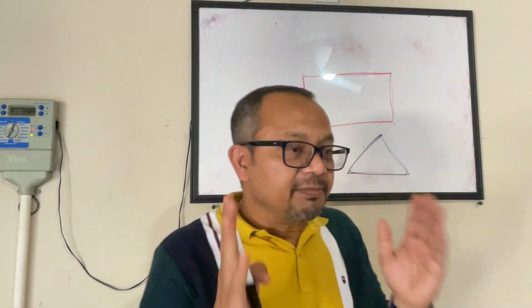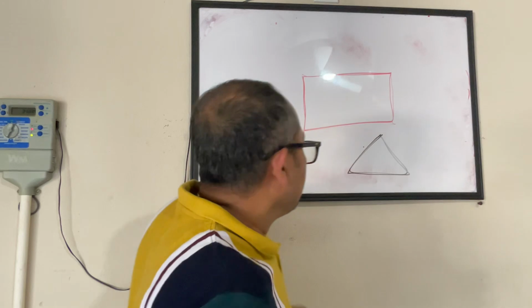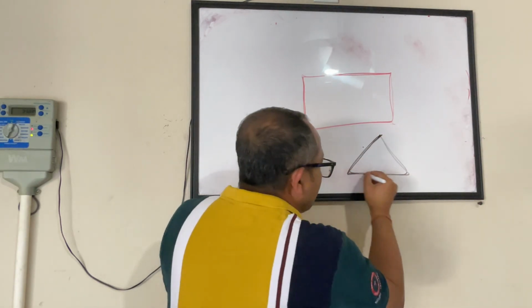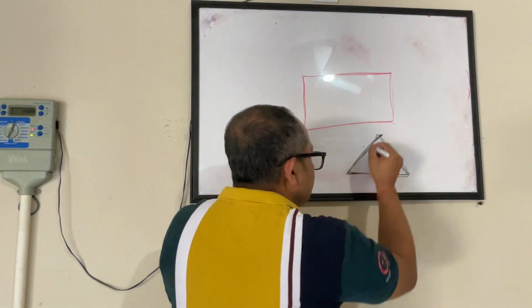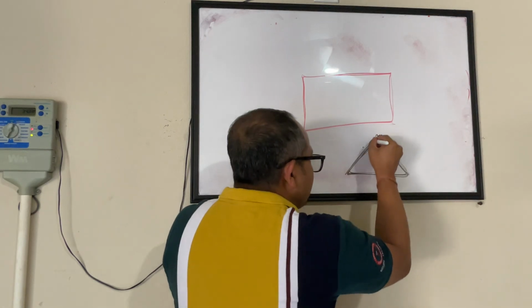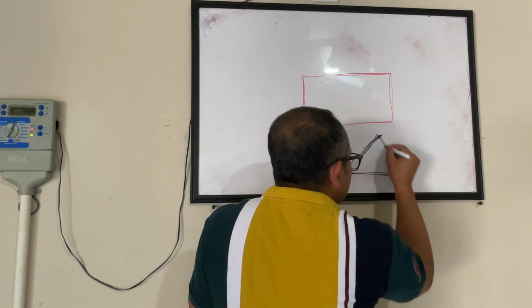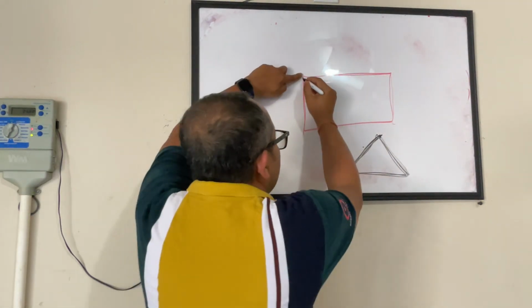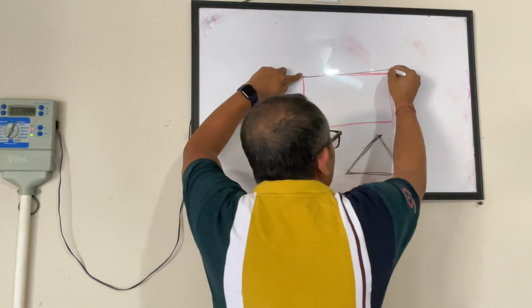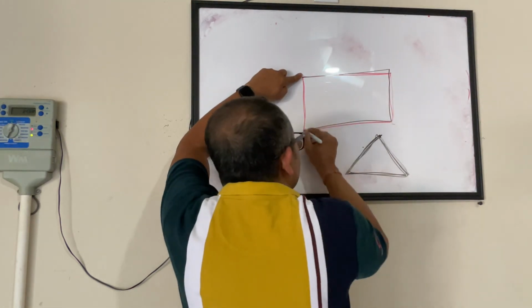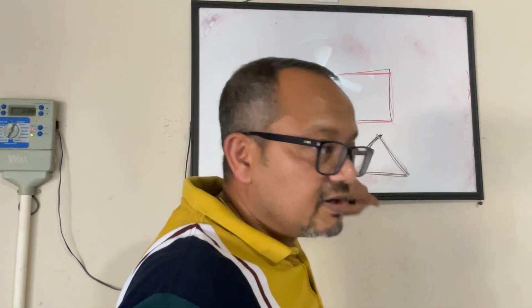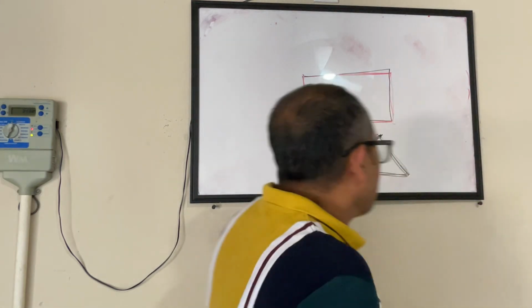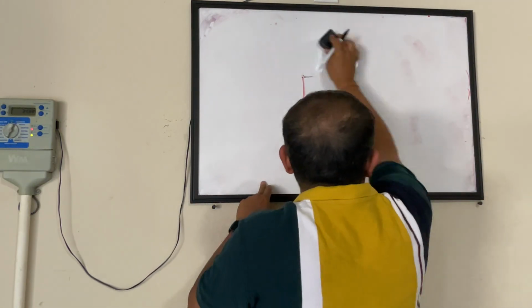So, perimeter of any shape is the length of the entire border. If I say border, here to here, here to here, here to here. You add them all together, that is how you get the perimeter. If you are talking about the perimeter of this shape, this length plus this length plus this length plus this length gives you the perimeter. Tomorrow people will say, I have a hexagon.